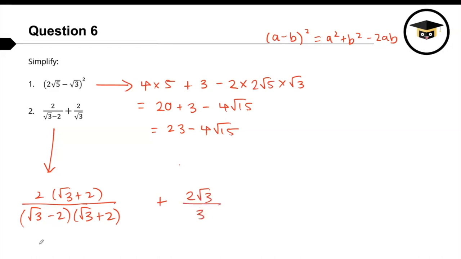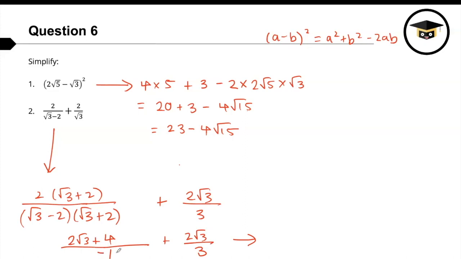So with this next bit, the first fraction, we're going to get 2 root 3 plus 4 over root 3 squared. So difference of squares on the bottom. So root 3 squared is just 3 minus 2 squared, which is 4. So minus 1. And then plus 2 root 3 on 3. Then what we're going to do is get a common denominator going. So to get a common denominator, we can just multiply this denominator by minus 3 to get it to the same as positive 3.